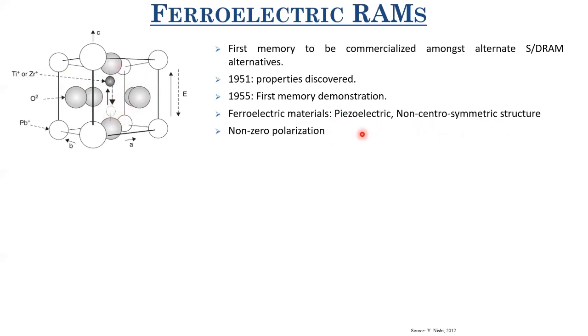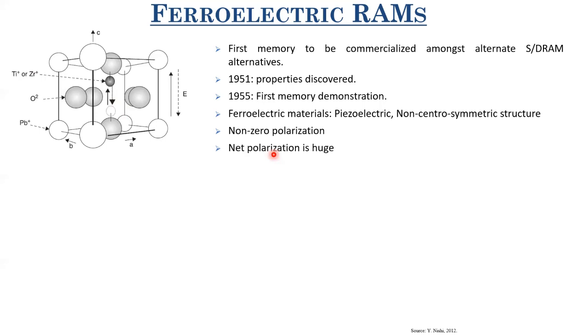And what is the property of a centrosymmetric structure? If the ion were in the middle, then the effective dipole moments would cancel out each other from the top and bottom, and as such the net dipole moment, or the net polarization, would be zero. But here, since the charged ion is either close to this part or close to this part, the dipole moments do not cancel out each other, and there is an inherent non-zero polarization.